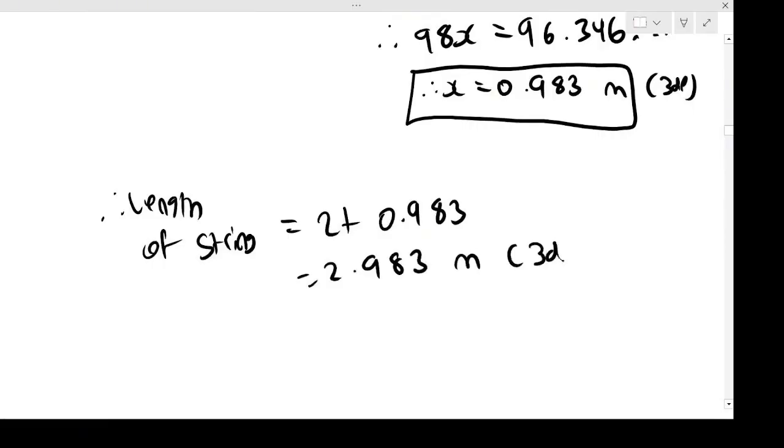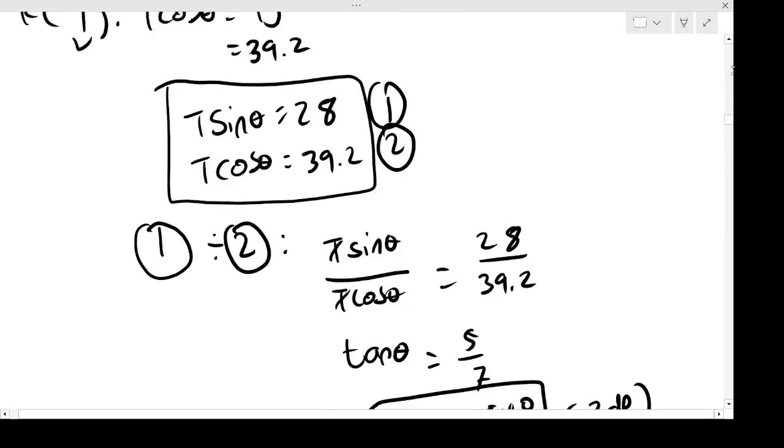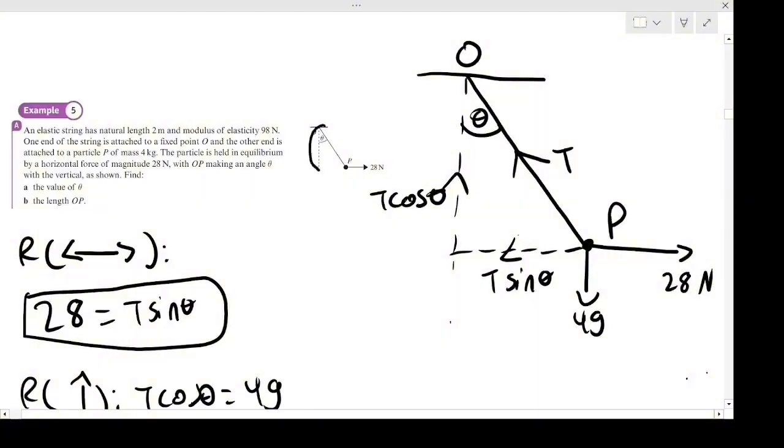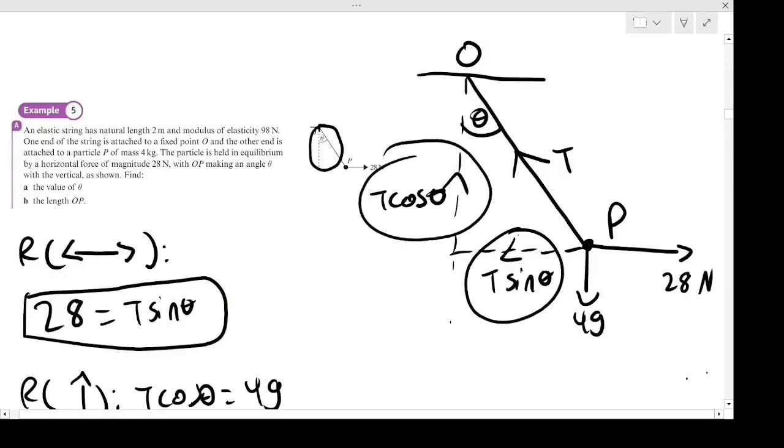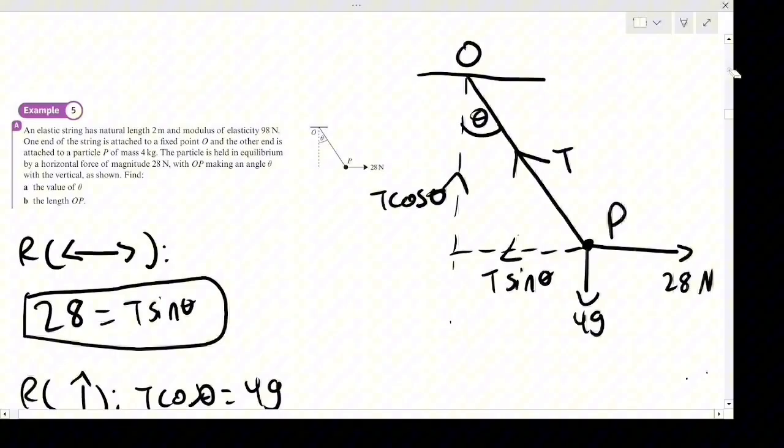And there we are. That is my length. So that's the main idea: when we've got a force at an angle, like a tension at an angle, we can split the tension up in this way, horizontally and vertically. Hopefully happy with that.